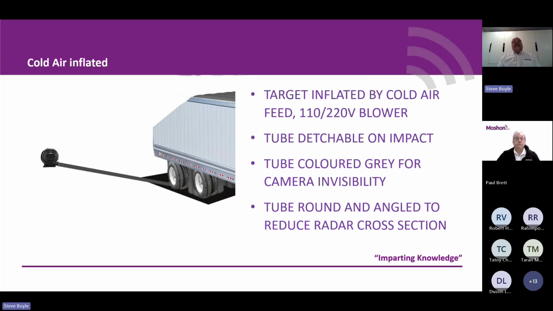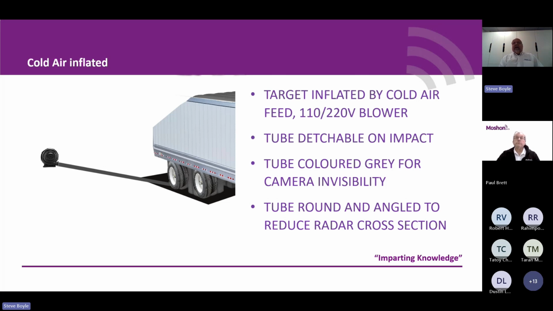But we looked at that tube and thought, is that going to be an issue with the radar and with the camera? So the tube that we have on the target is detachable on impact. It's attached to the target with Velcro. So as the target is impacted, it breaks away as it slides off, so it doesn't drag the power source or the inflatable blower with it.